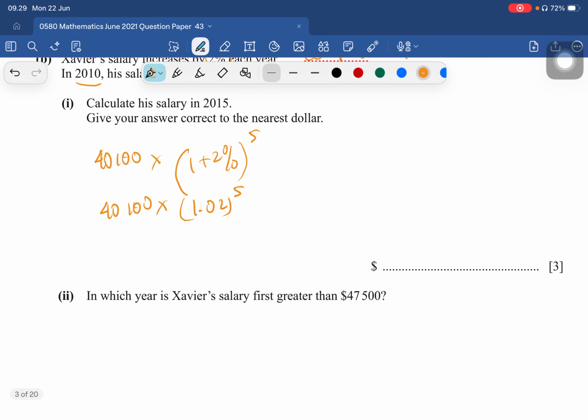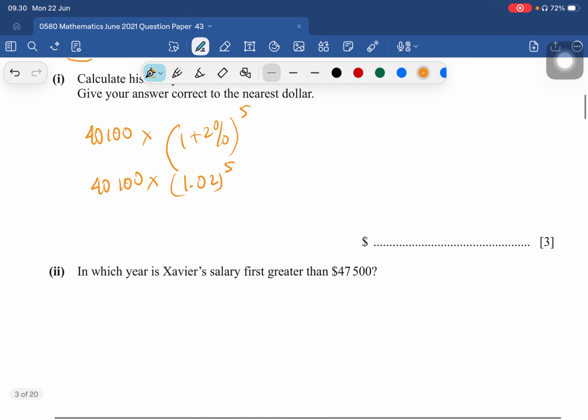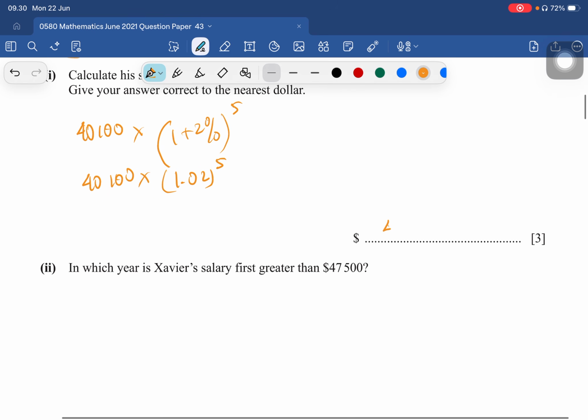We can use a calculator: 1.02 to the power of 5, then we multiply by 40,100. Okay, so we get 44,... to the nearest dollar, so this is 44,274.